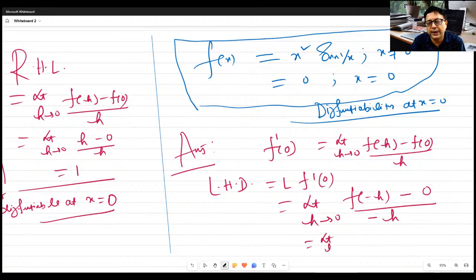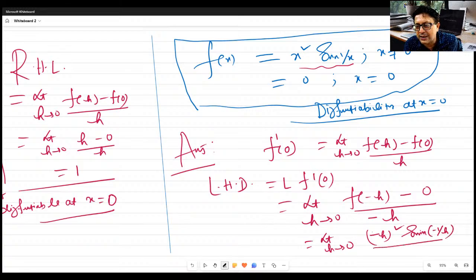This is going to be limit h tending to 0, f(x) is this. One thing make it clear, if you put minus, okay, let us put it without hesitation. You just put minus h whole square sine of minus 1 by h by minus h.